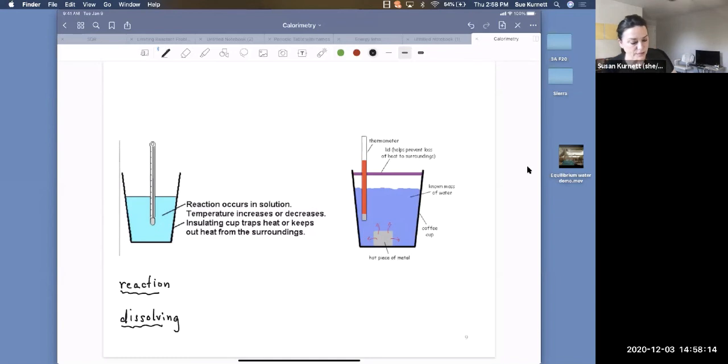For these, you're going to solve for Q. And so for the Q, the reaction, I'd put an RX in. And for Q of dissolving, I just put Q of the salt. And then you divide it by the number of grams or moles to come up with an enthalpy of reaction or an enthalpy of dissolving.